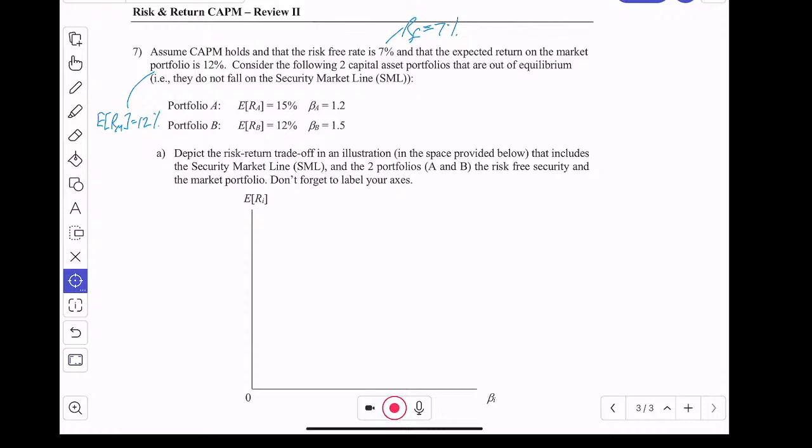Consider the following two portfolios that are out of equilibrium. That means they do not fall on the line.